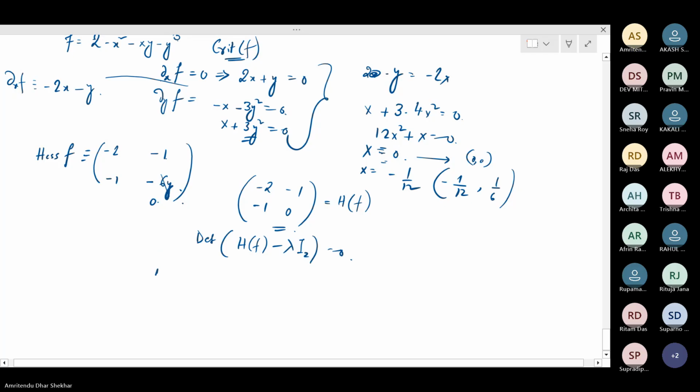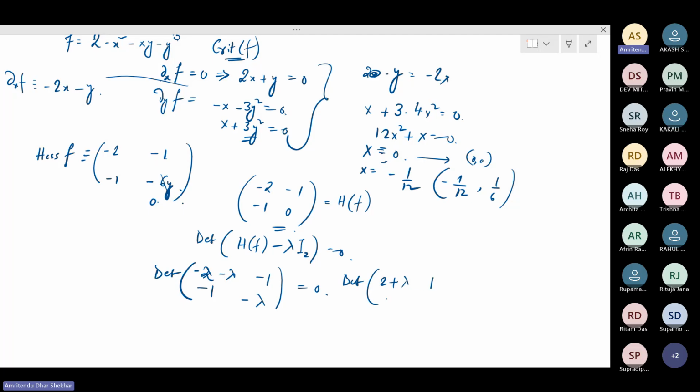So that is equal to the determinant of minus 2 minus lambda, minus 1, minus 1, minus lambda. You can take the minus sign out, not a problem. That gives us the determinant of 2 plus lambda, 1, 1, lambda.